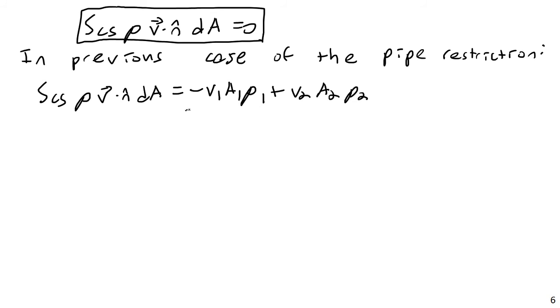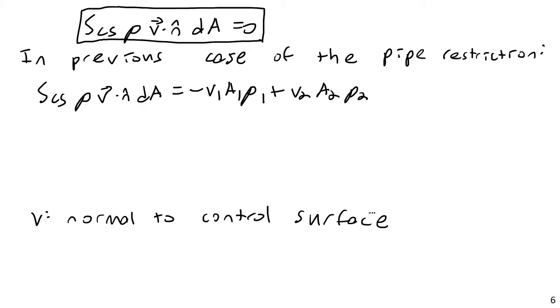The reason we're doing this dot product is that we're looking for the V normal to the control surface. That's the purpose of the dot product. So we're looking for the component of V normal to the control surface.